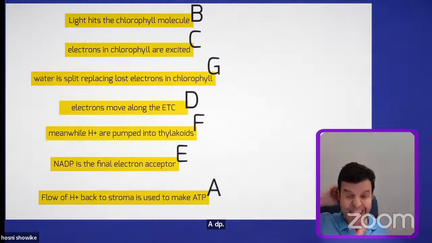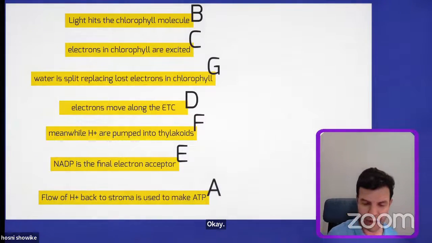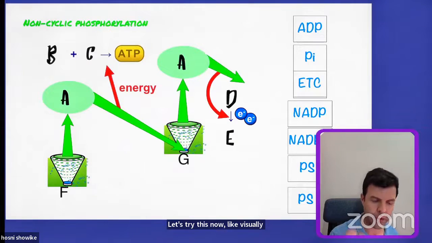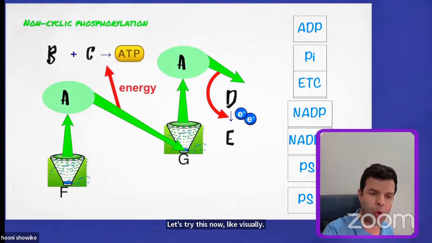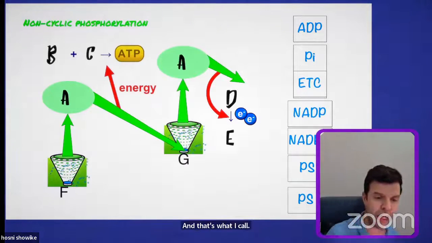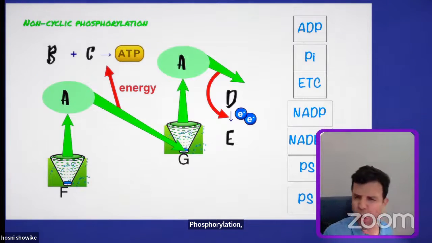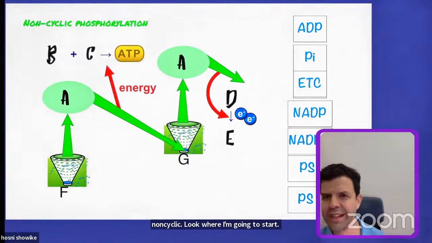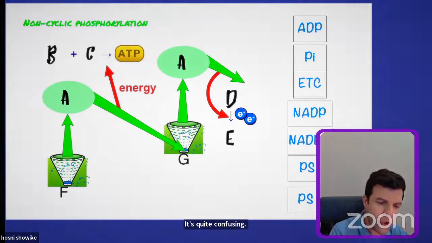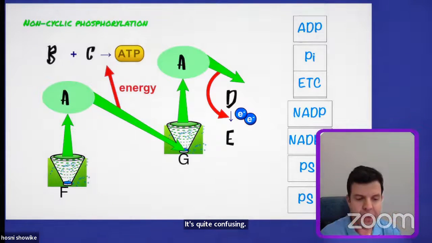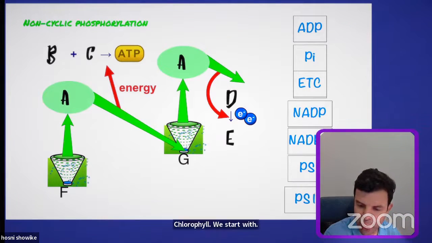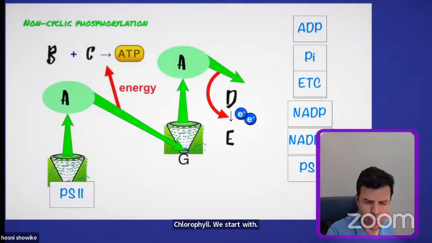Okay, let's try this now, like visually. Okay, here's the same thing. That's what I call phosphorylation, non-cyclic phosphorylation. Look where I'm going to start. It's quite confusing that the first chlorophyll we start with is known as photosystem 2.